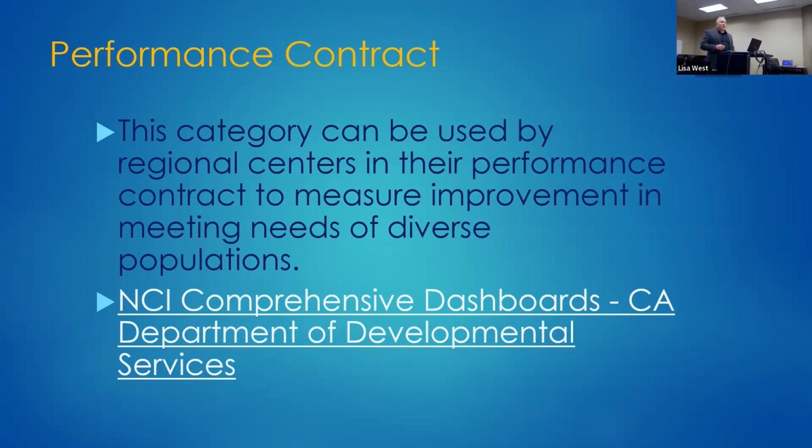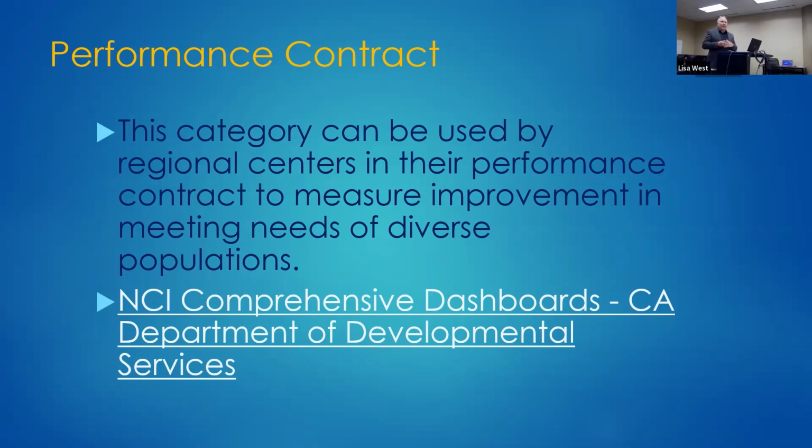She's in charge of our service access and equity grant projects that we put forth to the department. We have two currently in progress: one wrapping up, the Service Navigator program, and a film and media contract to create videos featuring families of diverse populations receiving regional center services.